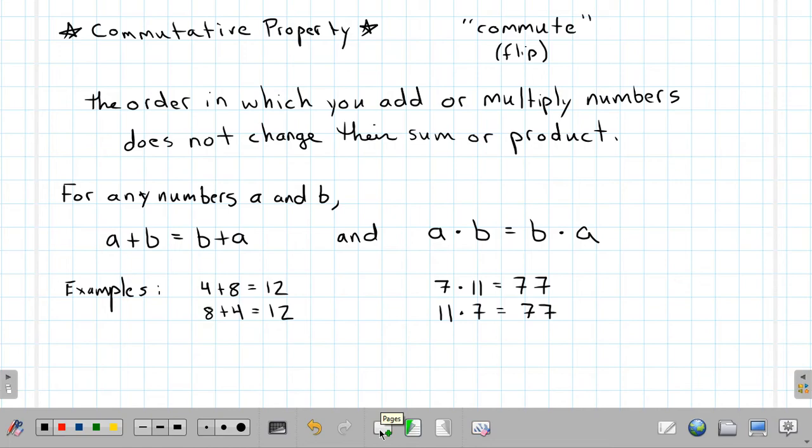Now, the last property that we have to go over is the associative property. Okay. So the word that I want you to associate with the associative property is the word associate. Okay.